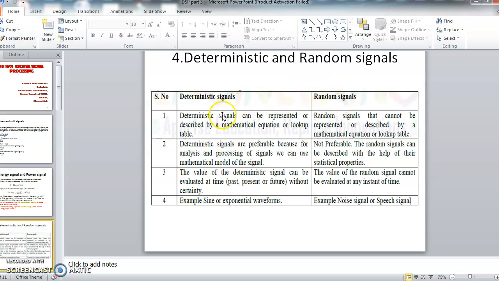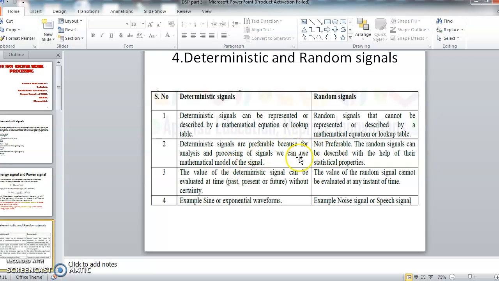So what is a deterministic signal? It is described by a mathematical equation or lookup table. Anyway, it can be defined, but a random signal cannot be represented or described by a mathematical equation or lookup table. Deterministic signals are preferable because for analysis and processing of signals we can use a mathematical model.